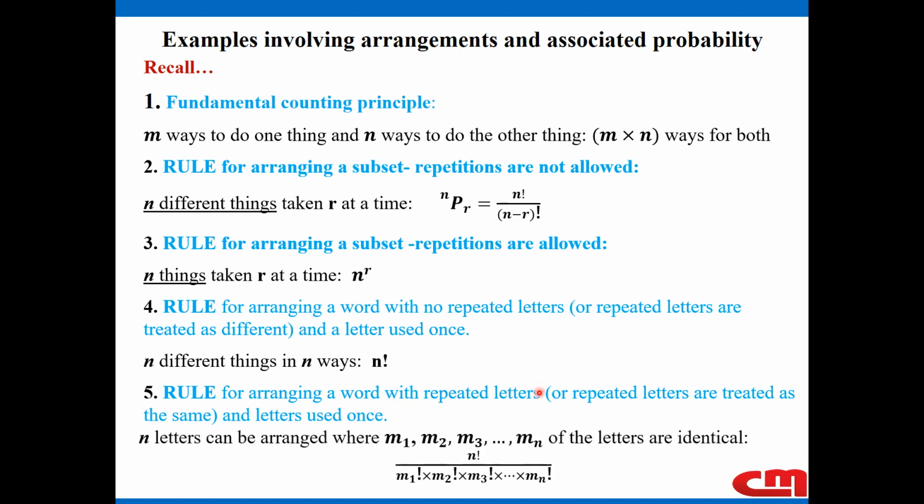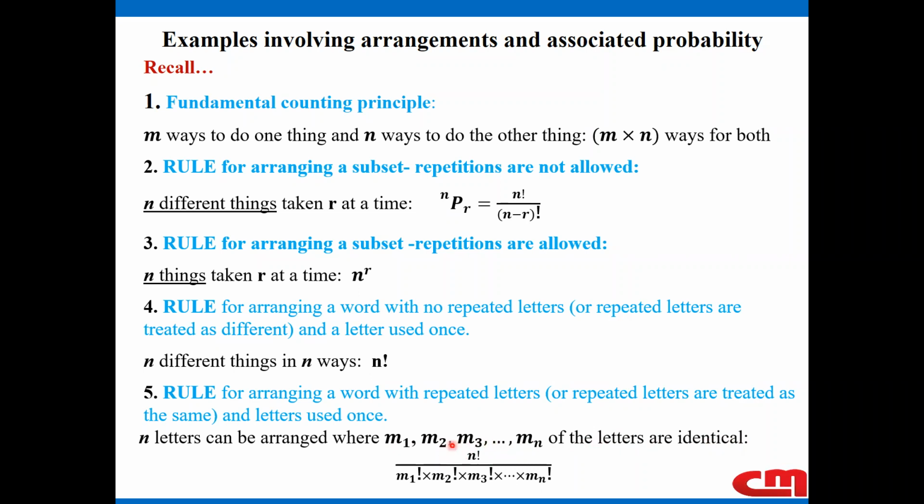So you then apply this rule, which states that n letters can be arranged where m1, m2 up to mn of the letters are identical. The word identical, you can substitute it with the word same. That means you'll be having these quantities representing letters that are the same.